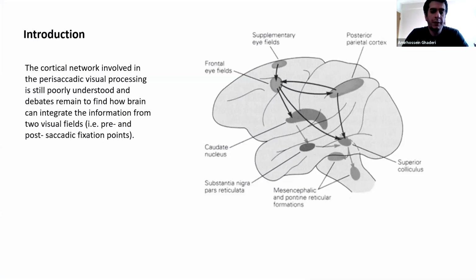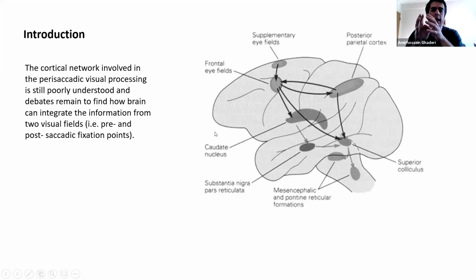Several brain regions are involved in perisaccadic perception and processing, including posterior parietal cortex, supplementary motor area, and frontal eye field.